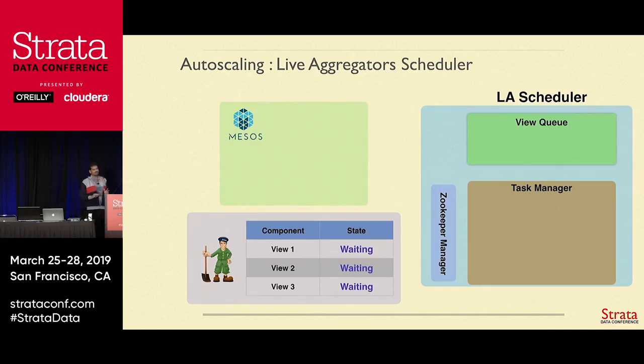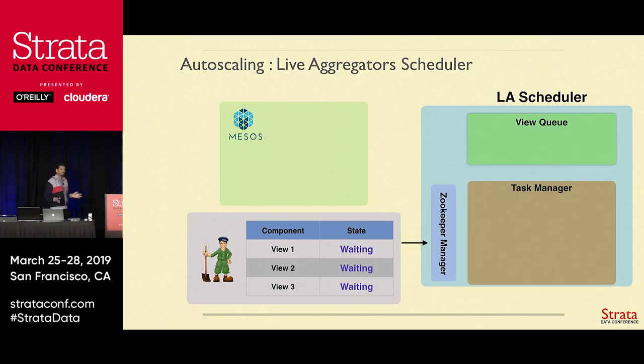Now let's talk about the scheduler. Scheduler is a lightweight component of our system. We have implemented it to do one simple task: scheduling the views with minimal possible constraints. Let's see how it works.